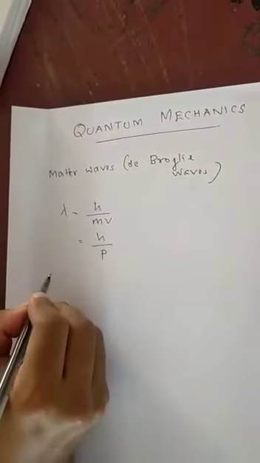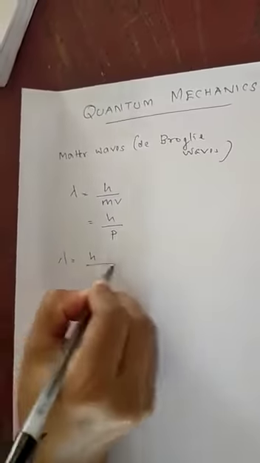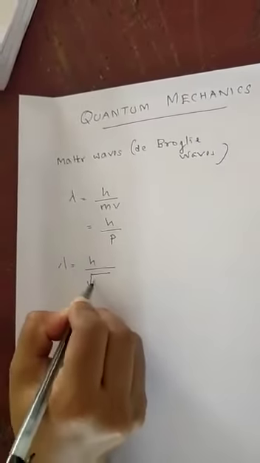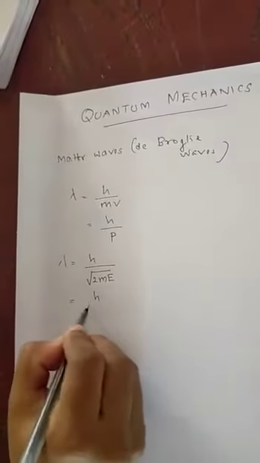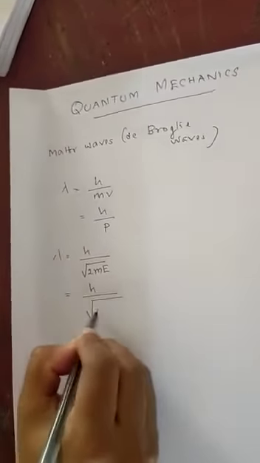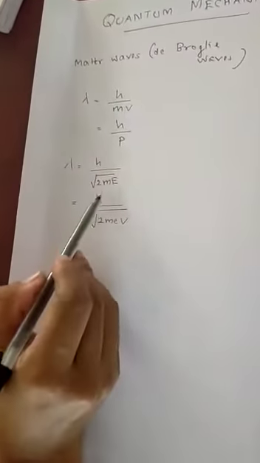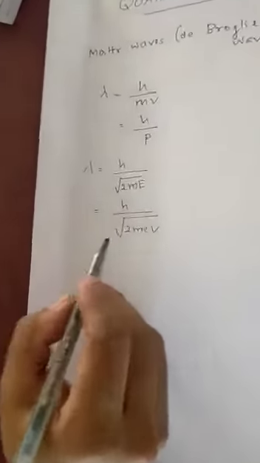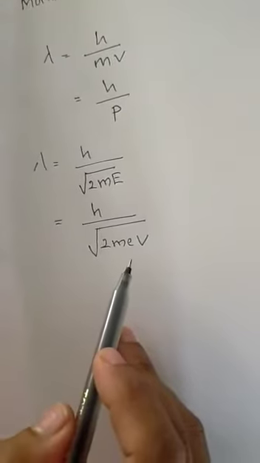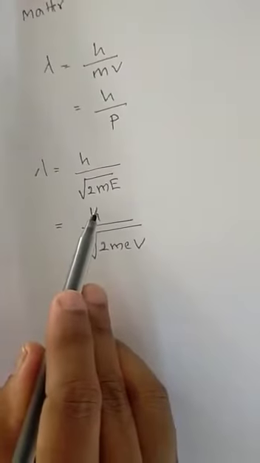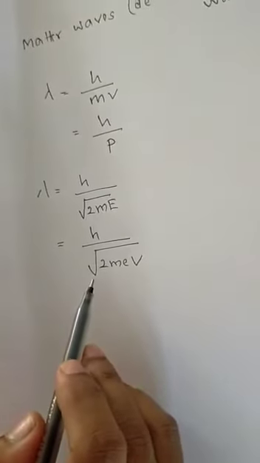The other relations are lambda equal to h divided by root of 2mE, or h divided by root of 2meV, where E is the kinetic energy of the particle and capital V is the potential, m is the mass, e is the charge of the electron and p is the momentum.